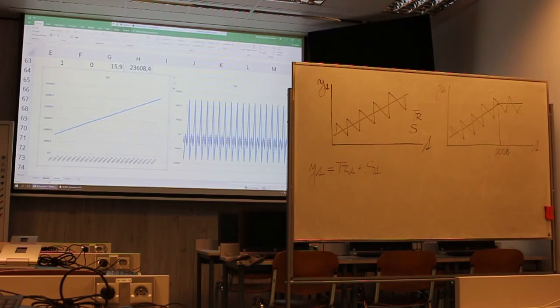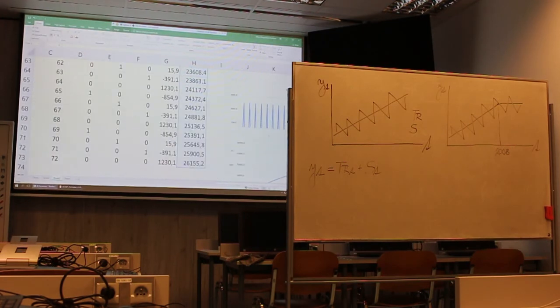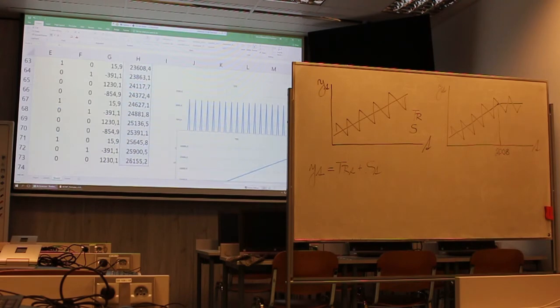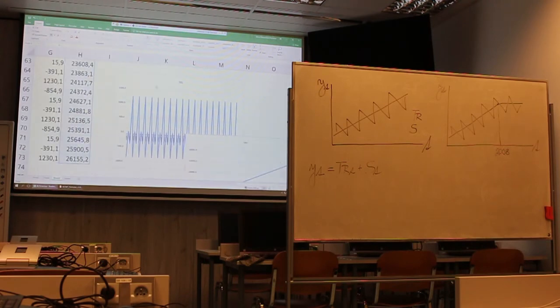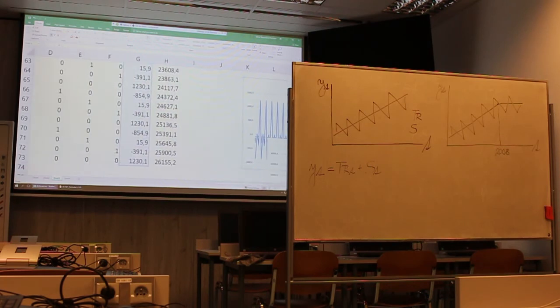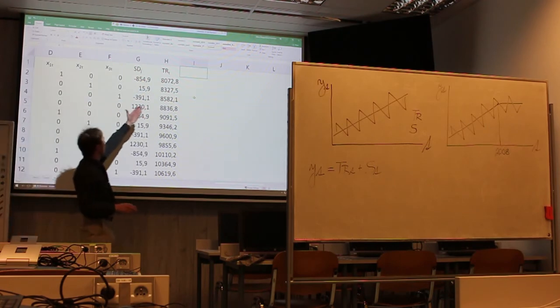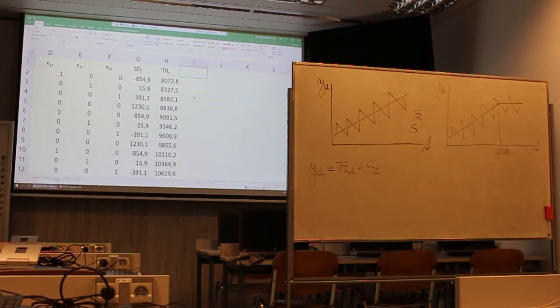Okay, so in Excel, I will move these charts to the right side, and here in the next column we will calculate y in time t hat, format cell, subscript.